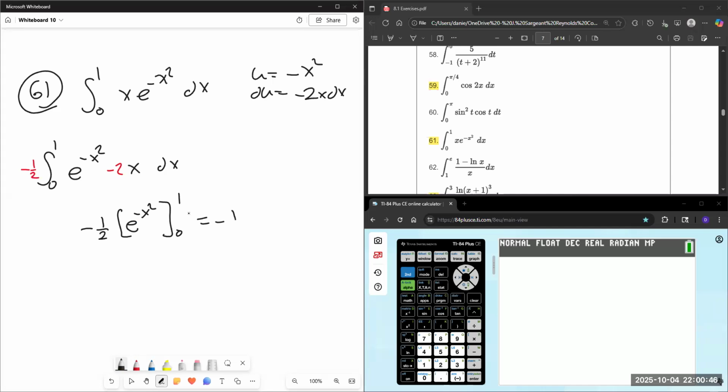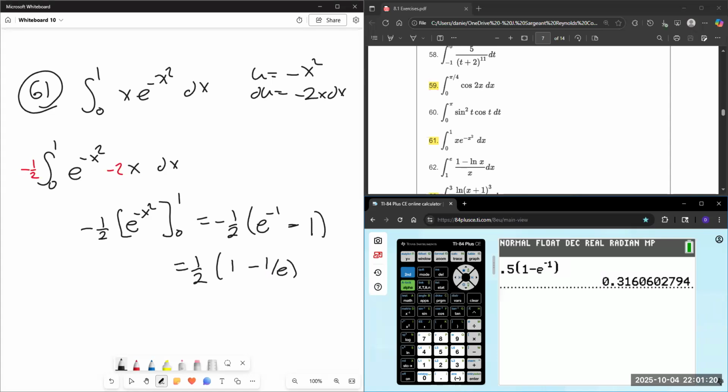That's negative 1/2 times e to the negative 1 minus 1. So all these negatives make this the same thing as 1/2 of 1 minus 1 over e, or 1/2 times 1 minus e to the negative first. That's approximately 0.316.